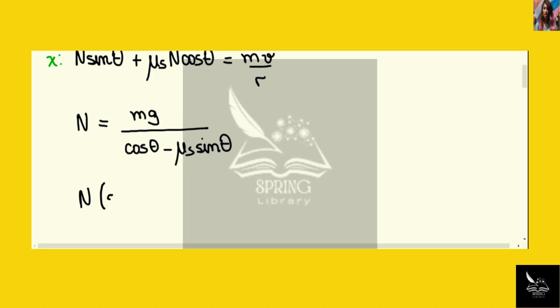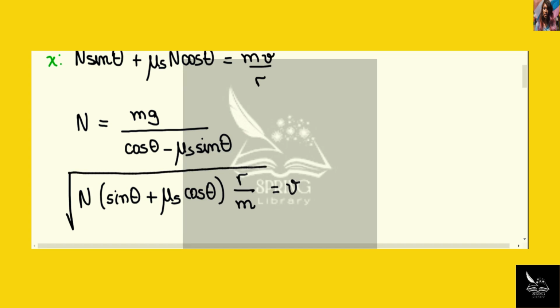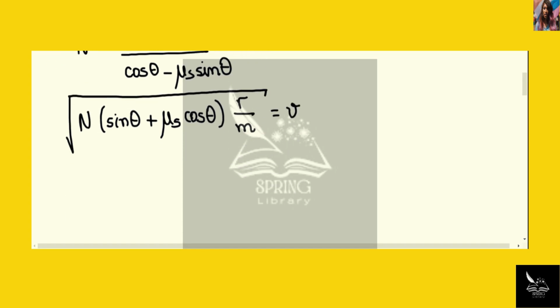So we have that the equation can be written as n times the sine of theta plus mu s cosine of theta, times r divided by m, is equal to v squared. So instead of writing v squared, I'm just going to take the square root on the other side of the equation. And now I can substitute the n.